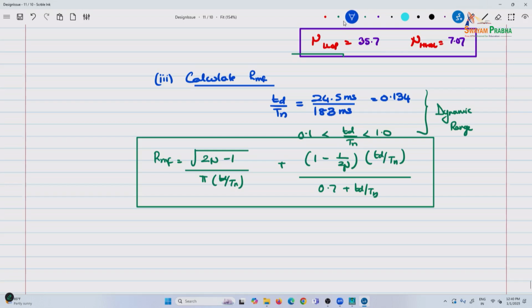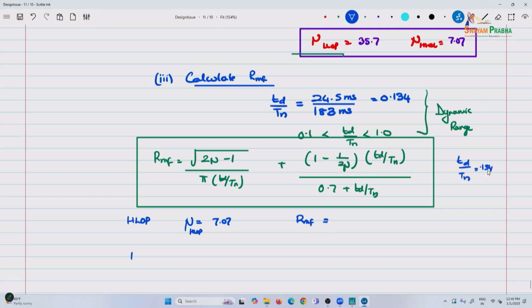So, for mu equal to 7.07, RMF equal to, TD by TN is 0.134.